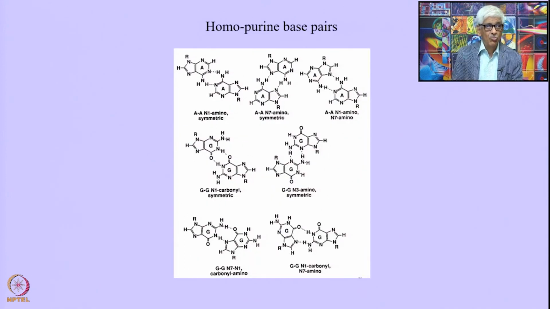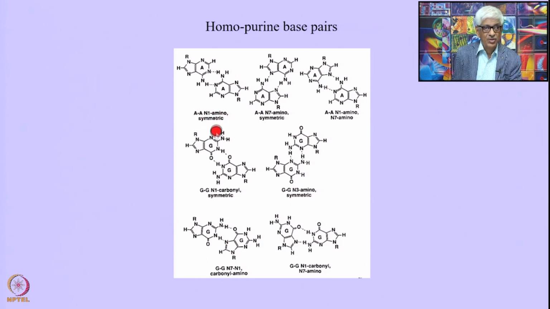Now you can also have purine base pairs. Just as we talked about purine pyrimidine base pairs, you can also have purine base pairs. So here it is the AA base pair, and different types. So AA N1, N1 to amino.